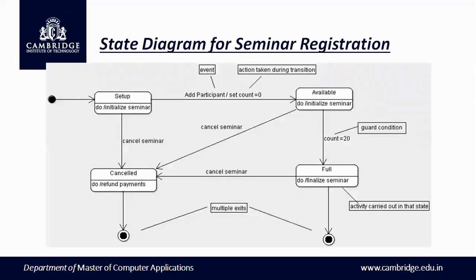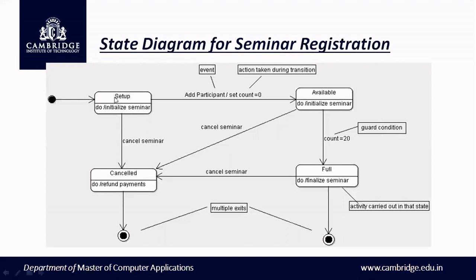We have one more state diagram here, for seminar registration. In seminar registration, what happens? We just start with the registration, right? Here we have identified 4 states.